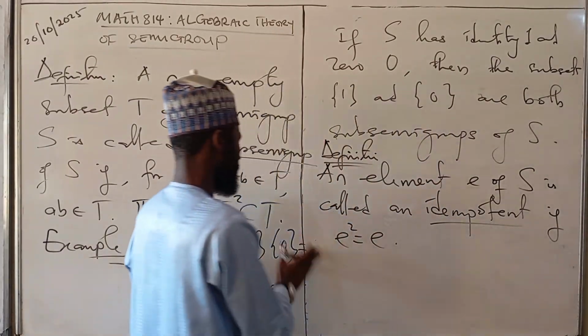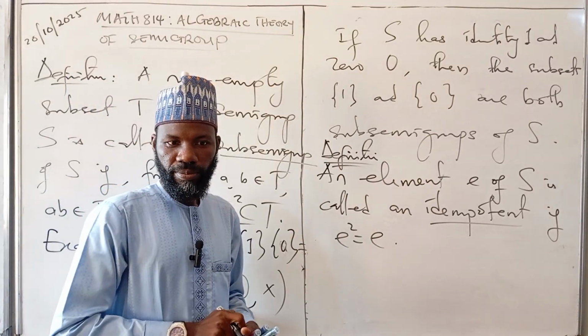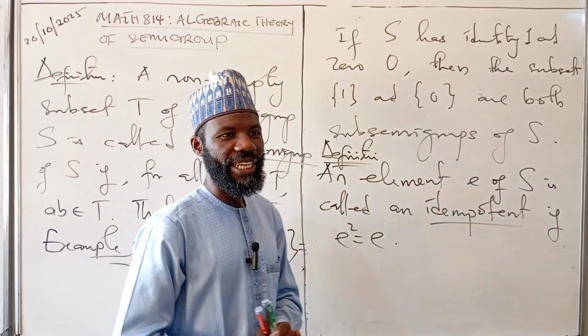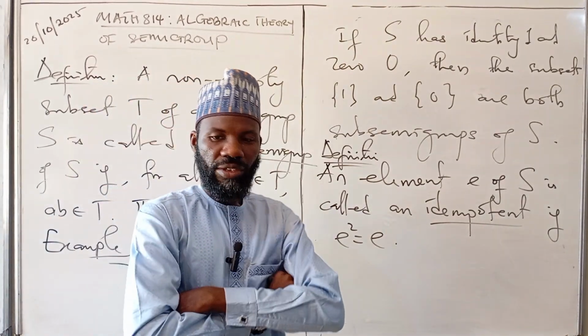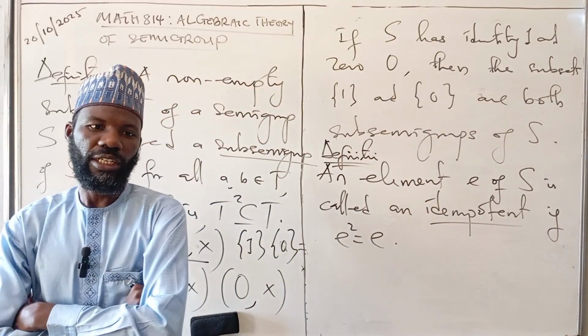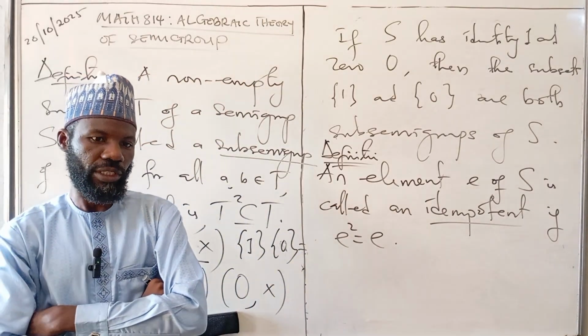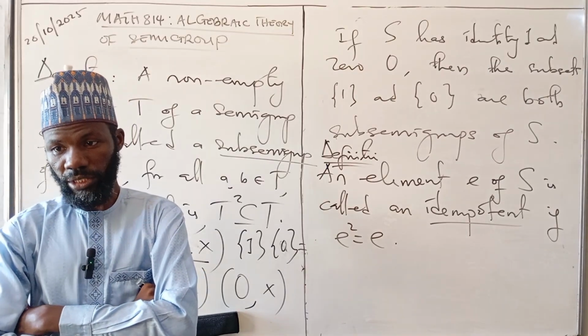This kind of element exists in many examples of semigroups. In a semigroup, apart from the identity element, whose square is always the identity, you can get so many elements whose square equals themselves. Such elements are called idempotent.